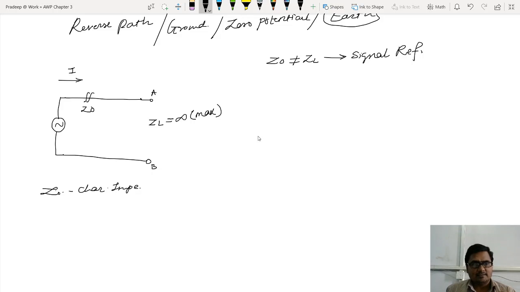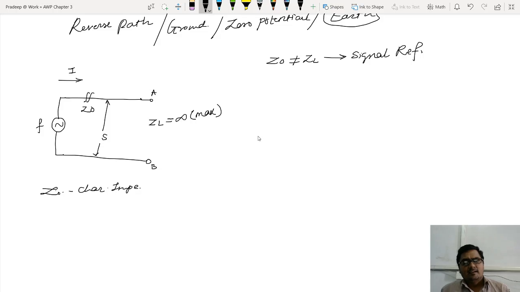Z0 is the characteristic impedance, ZL is the terminating impedance. For time being it is infinite, or I can say maximum. And the distance between the lines, or the spacing, is S, and some frequency I have applied here.